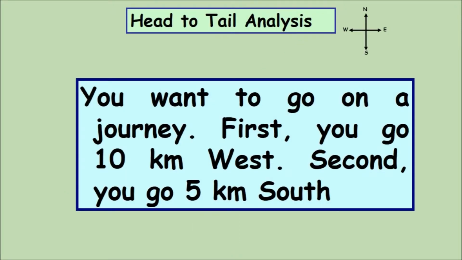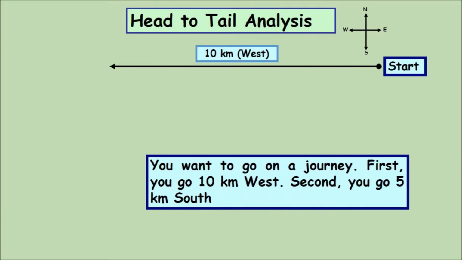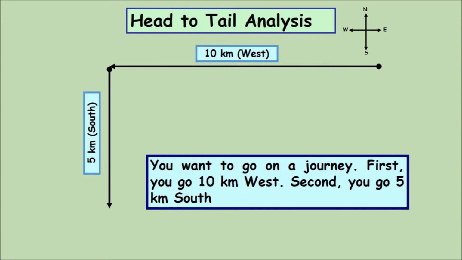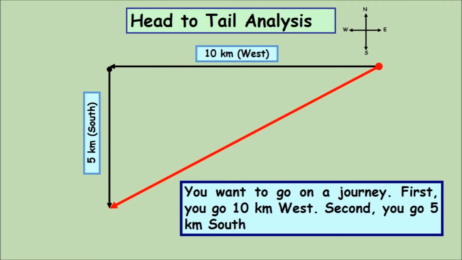I want to go on a journey. First, you go 10 kilometers west and then 5 kilometers south. There's the 10 kilometers west, and then I'm going to head south. I go 5 kilometers south. Change this actually to 5 seconds per slide, and then there's my hypotenuse.